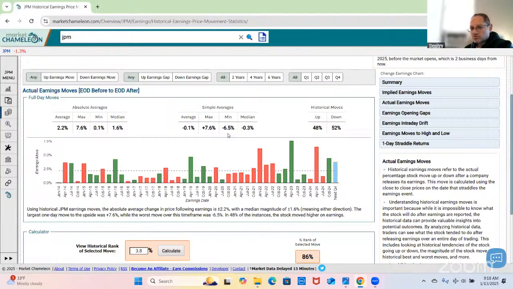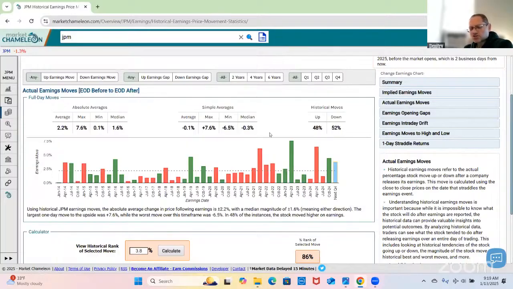And the median move is negative 0.3%. So there's a slight tendency in these observations to be more negative than positive. Okay, not almost 50-50, but slight tendency from the median.